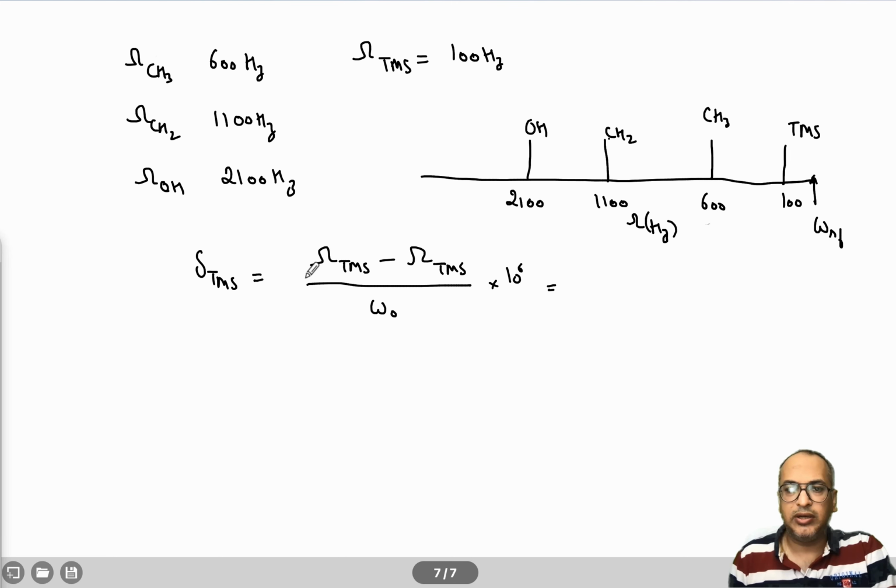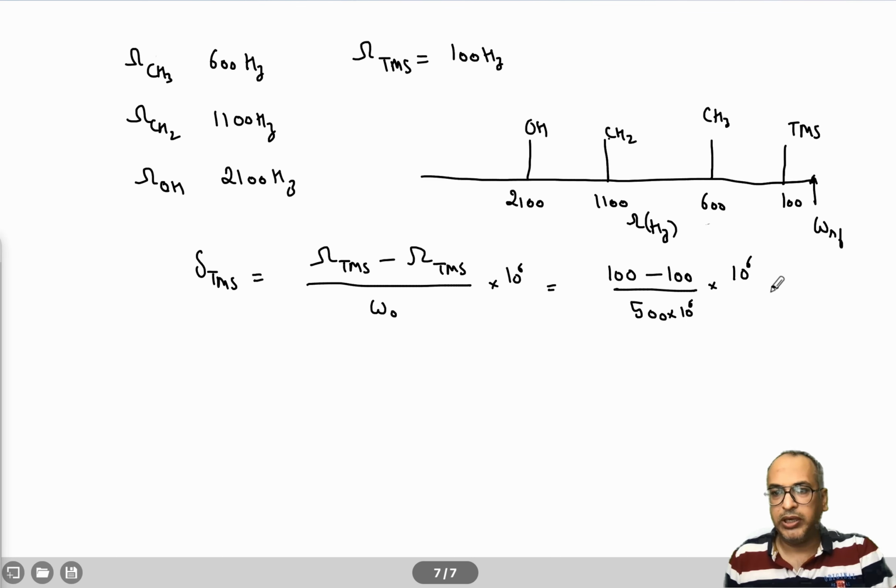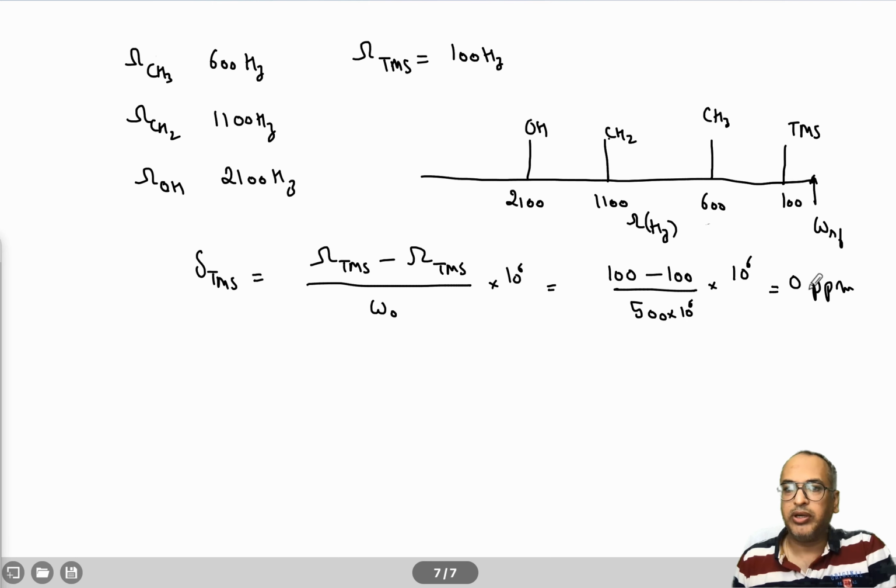In this case this is 100 minus 100, and let's say the applied field is at 500 megahertz, so I'm going to write 500 times 10 to the power 6 because this is in hertz, into 10 to the power 6, so this becomes 0 ppm. We are choosing TMS as a reference compound, so that's why the chemical shift of TMS comes out to be 0 ppm.